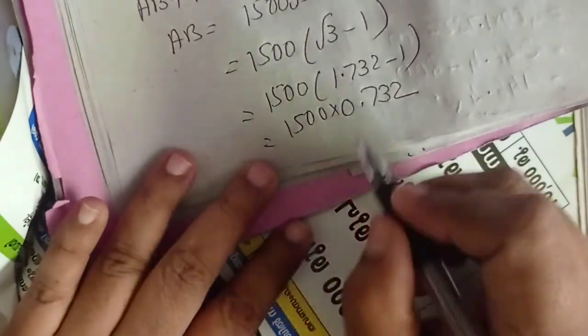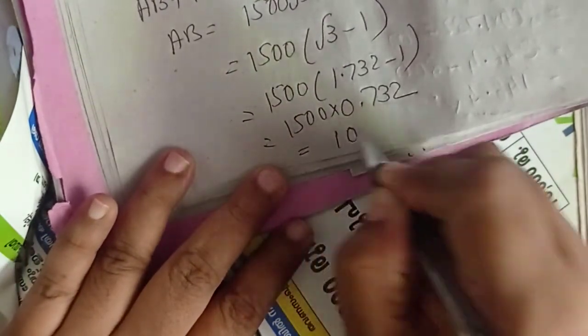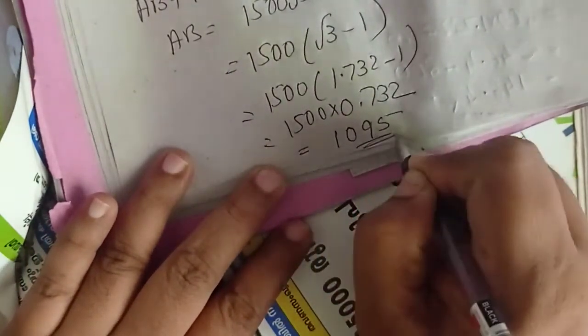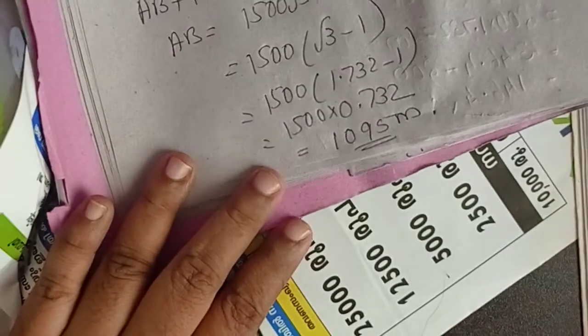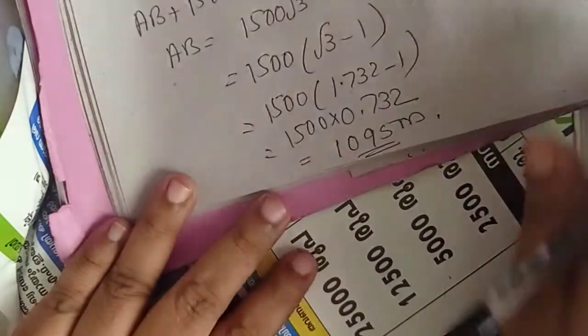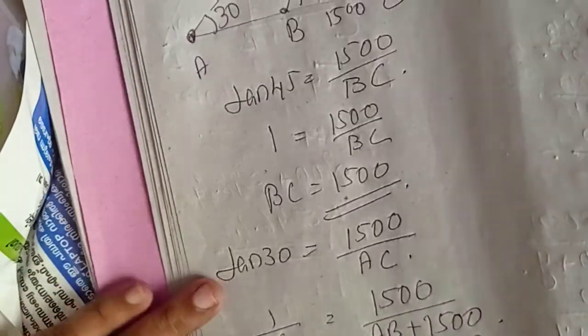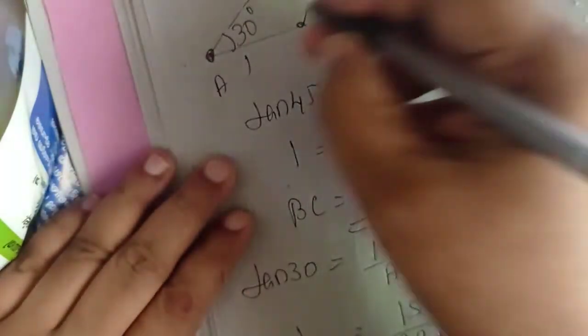Correct it, the answer is 1098 meter. Therefore, the distance between the ships is approximately 1095 meter.